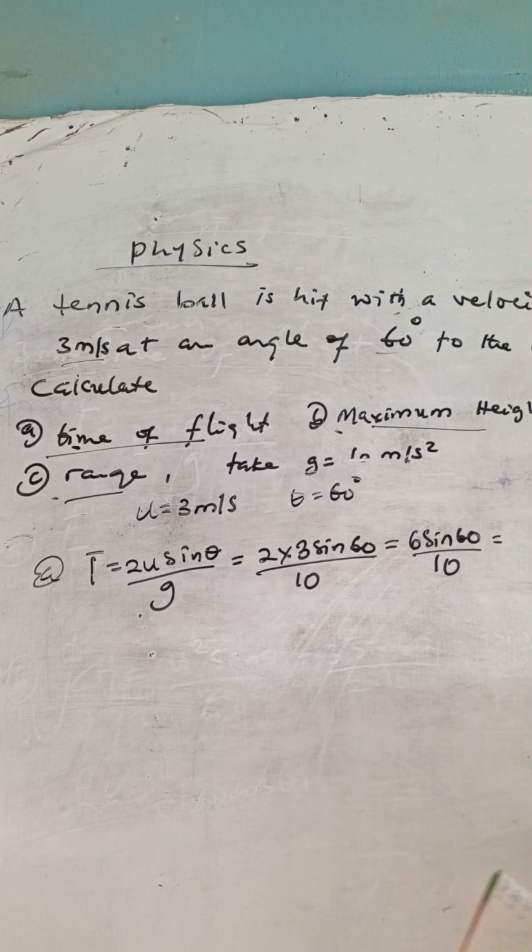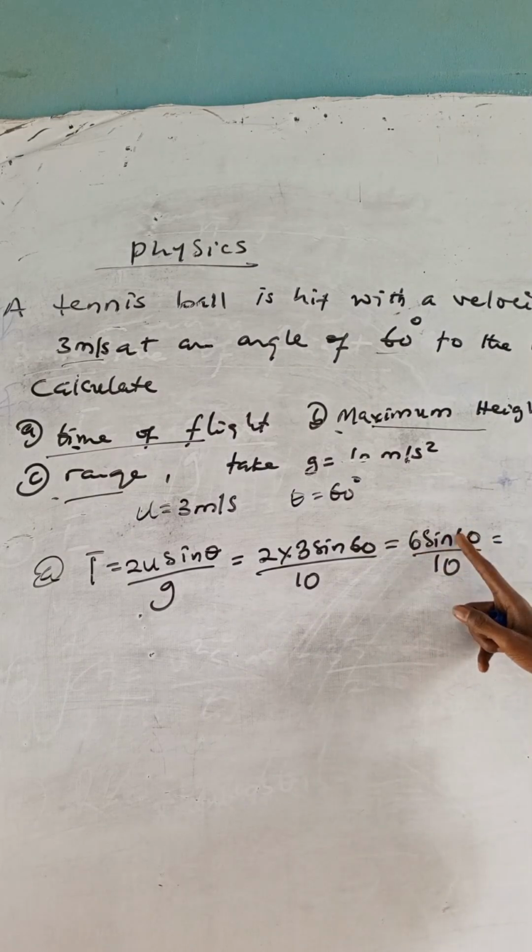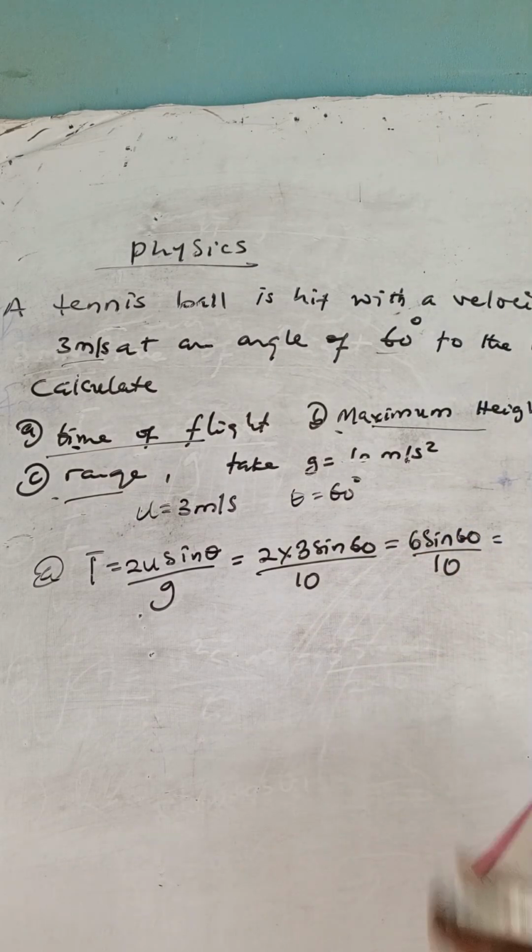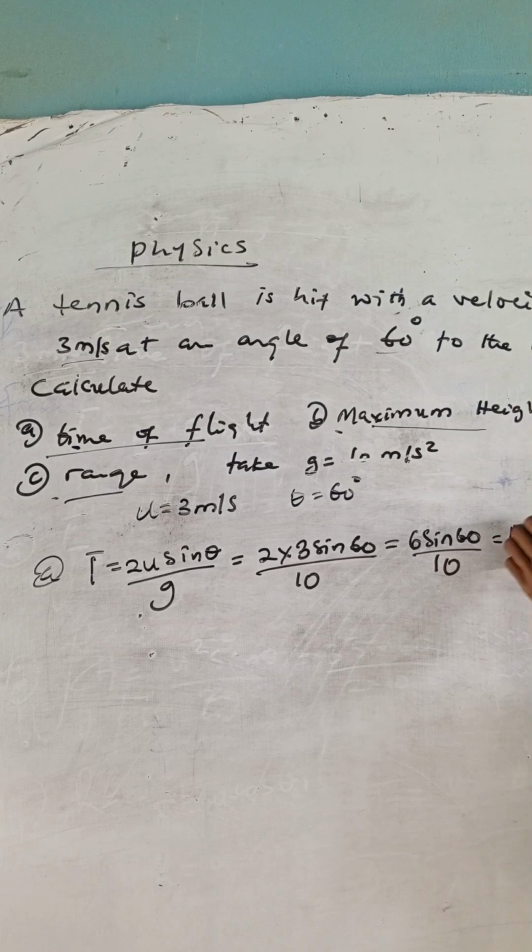So if you multiply 6 by sine 60 divided by 10, you will get 0.52 seconds. So this is the final answer of time of flight.